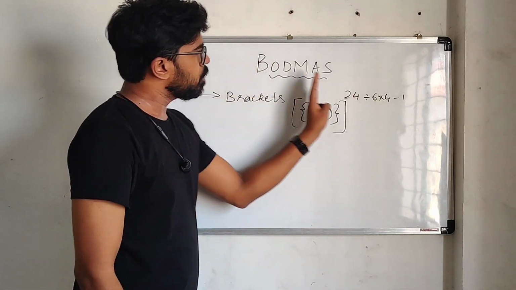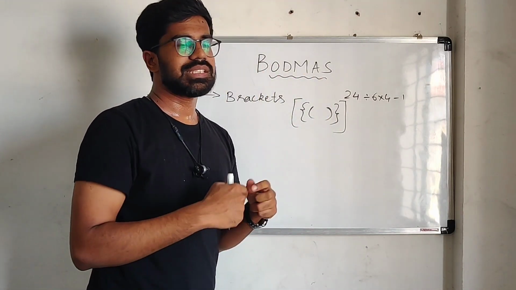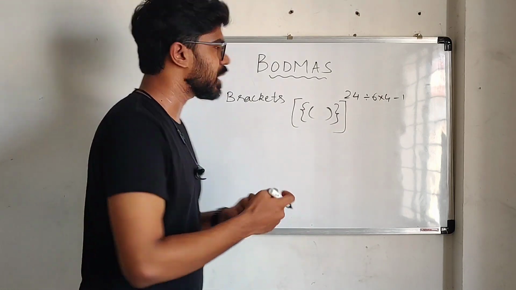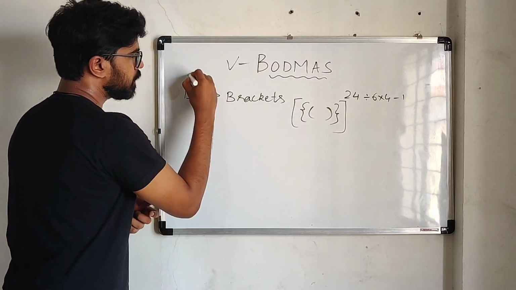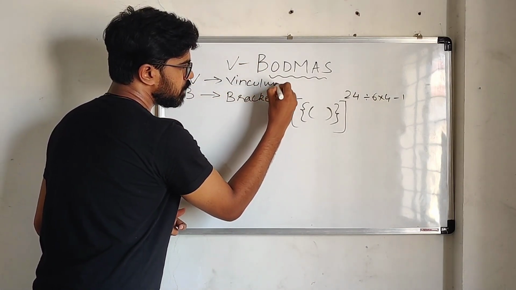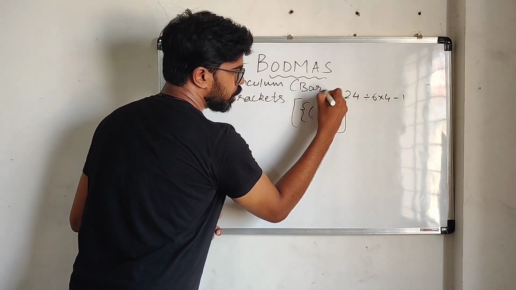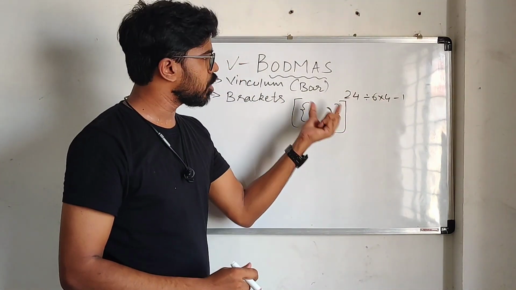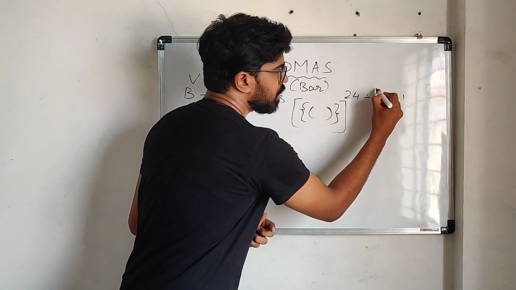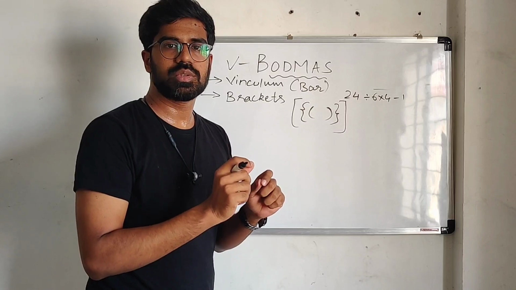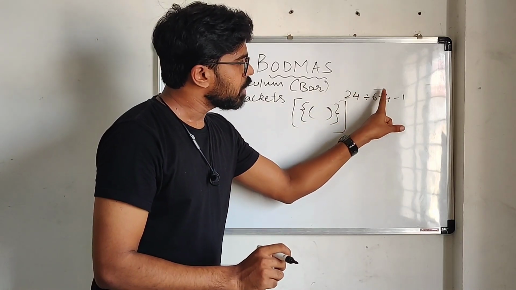Now BODMAS we also sometimes say as VBODMAS. What does VBODMAS mean? V is called Vinculum. Vinculum means the use of a bar. If in any given expression you come across a bar on top of any part of the expression, then your priority goes to the one under the bar.